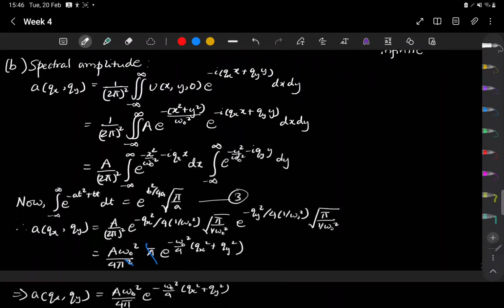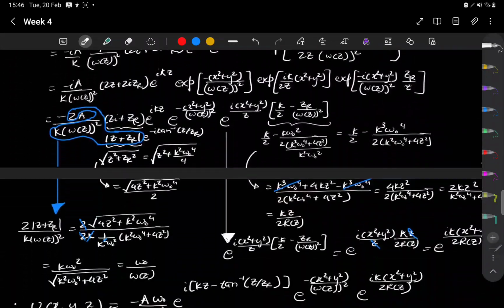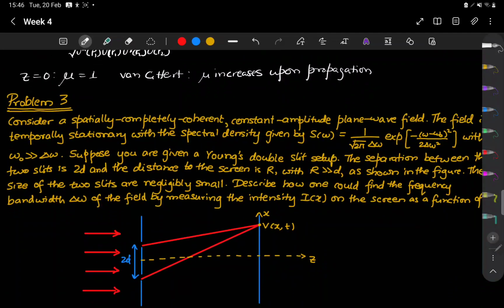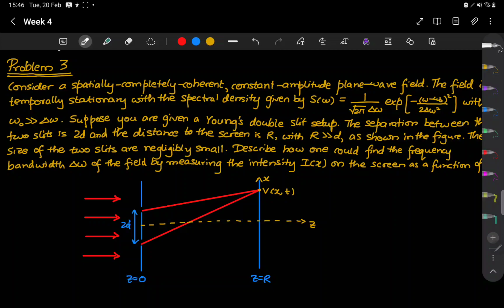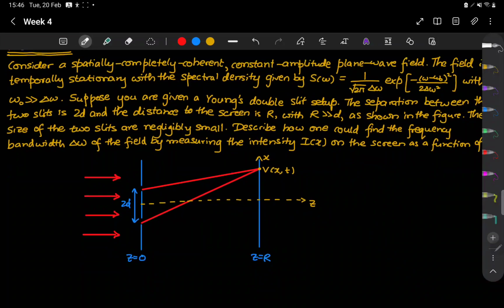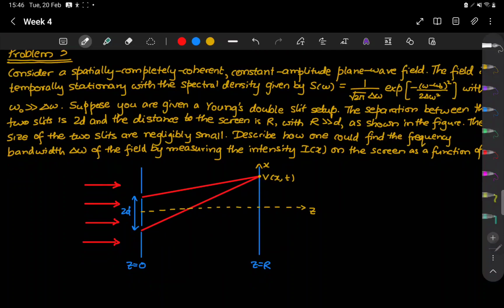Okay, so problem 2 is complete. We can move to problem 3. This is on Young's double slit experiment, but we do not really have much time left for today, so maybe we will take this up in the next session.